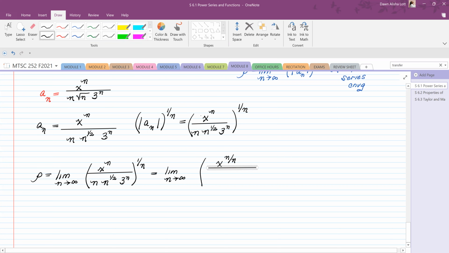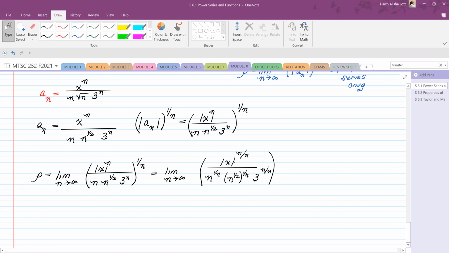Oh, and I do need absolute values because of the absolute value of x. Then I'm going to get n to the 1/2 to the 1 over n, and then 3 to the n to the 1 over n.